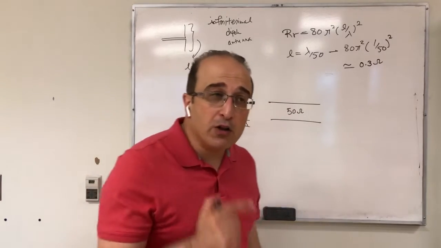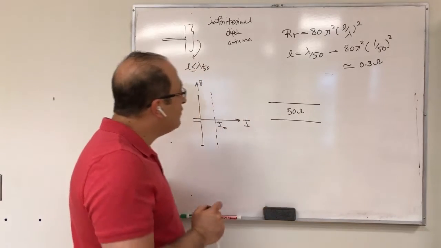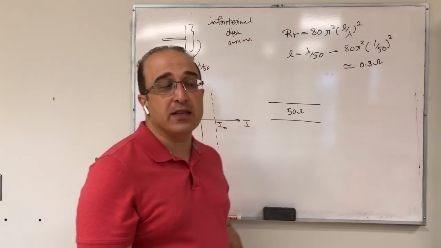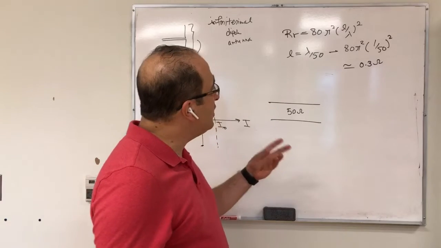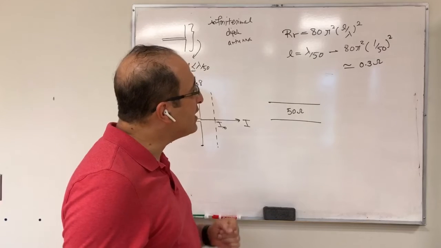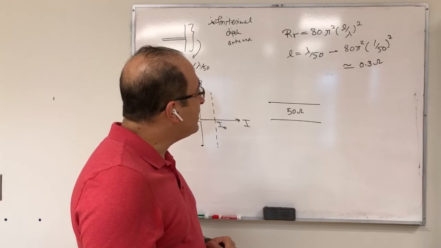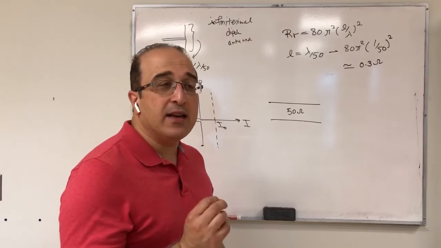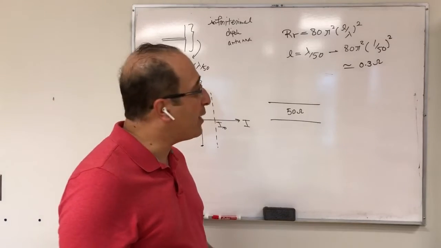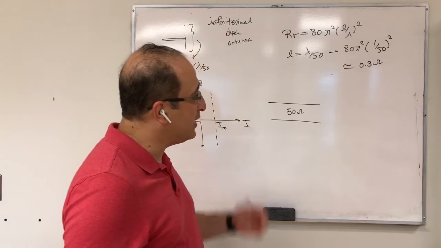But you're not going to 0.3 by itself, because we haven't yet discussed the storage of energy around this antenna. If you go back and look at the power density, you realize that this antenna in fact stores energy, in the nature of capacitance. So you also have a capacitor as part of the antenna.